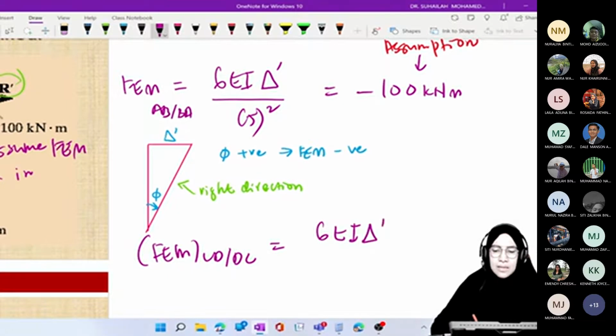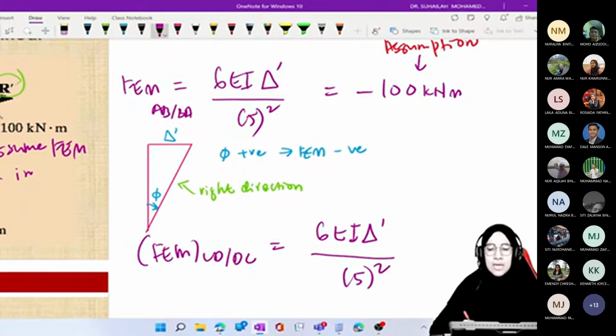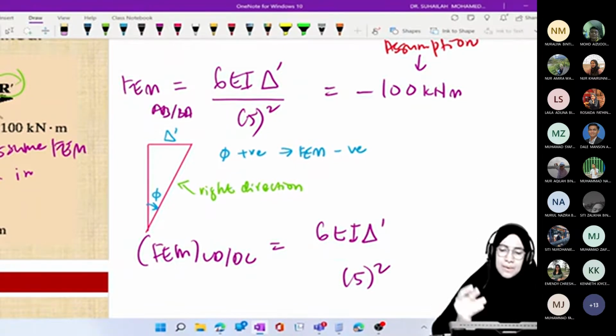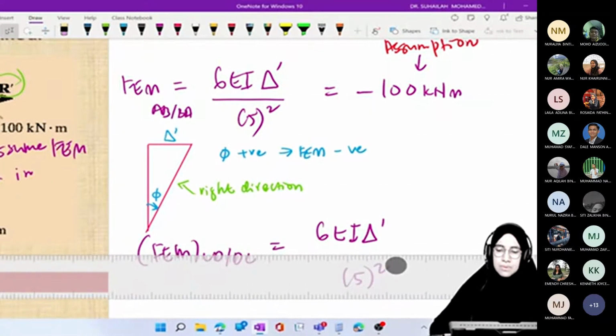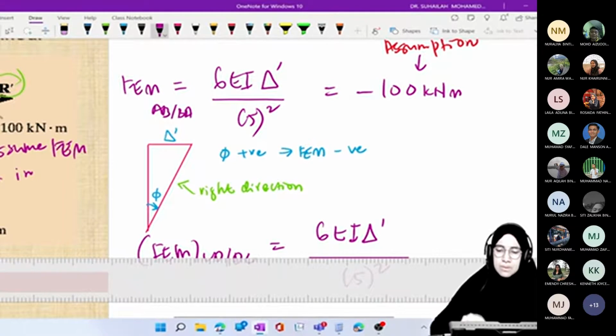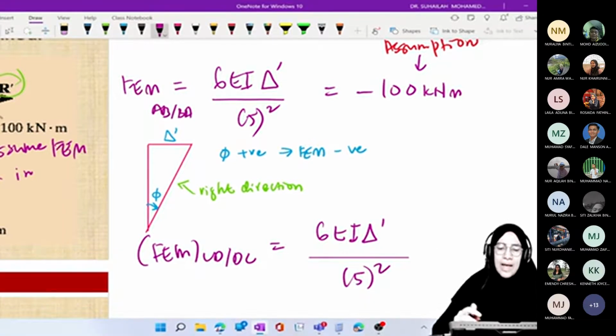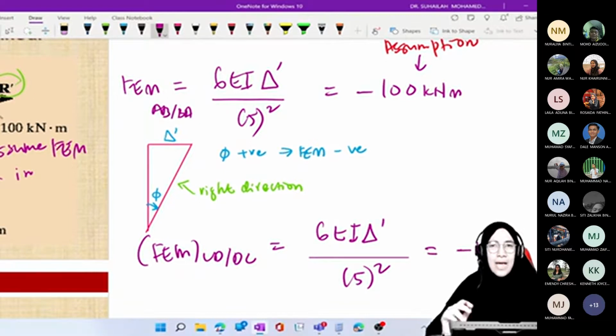Delta is also constant. Length is also constant. That is why we get FEM for CD equal to negative 100 as well.